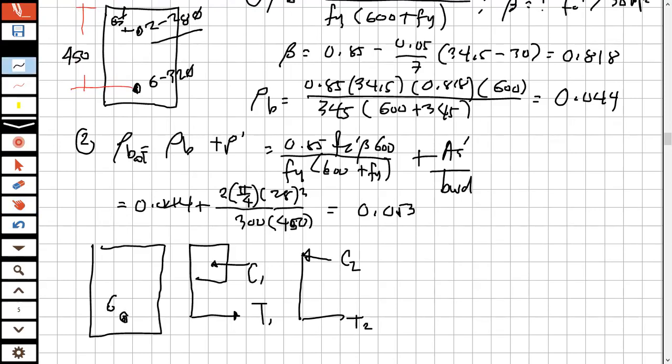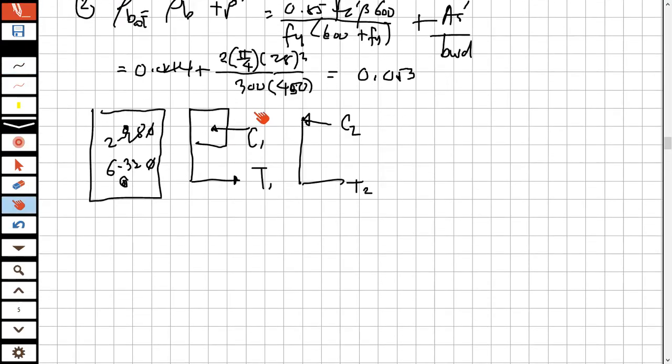You have 632, A_s ito. At saka ito naman, 228, ang A_s'. So, the question is to compute for the ultimate moment capacity. Pwede na tayo diretso sa formula, no? Para may guide tayo.